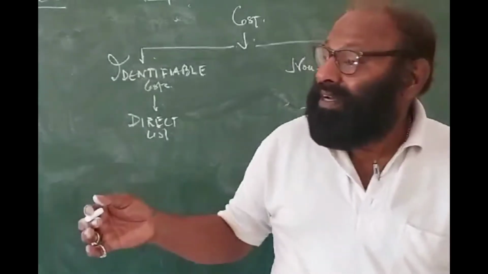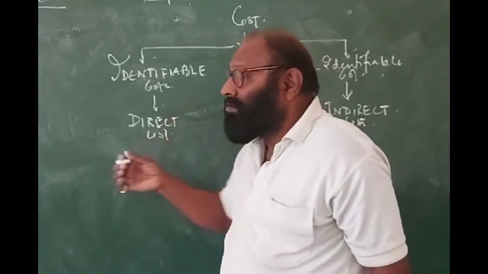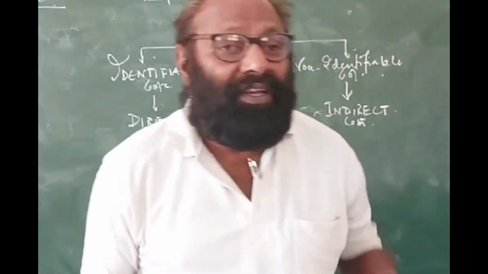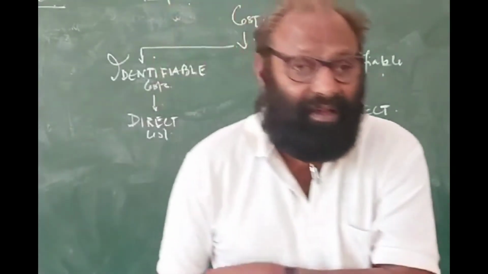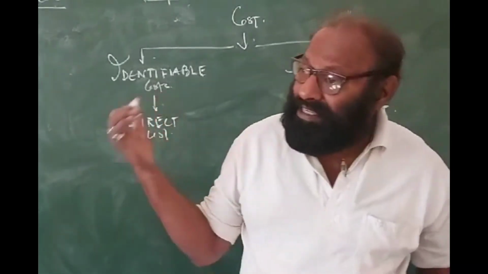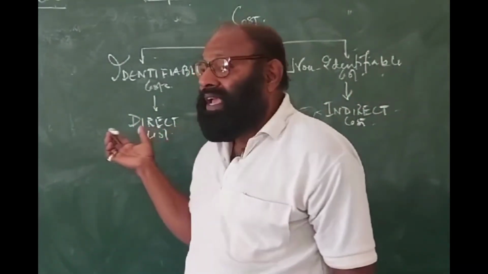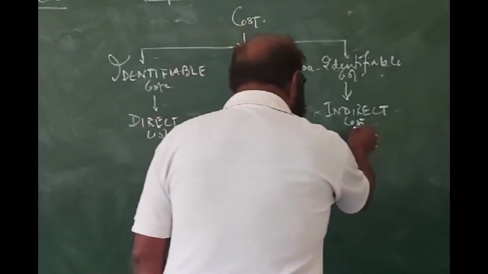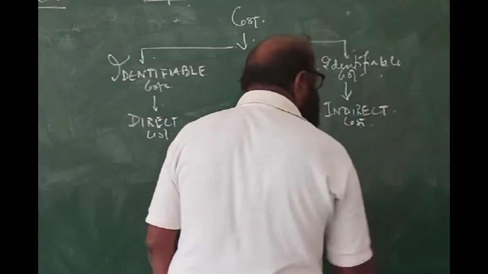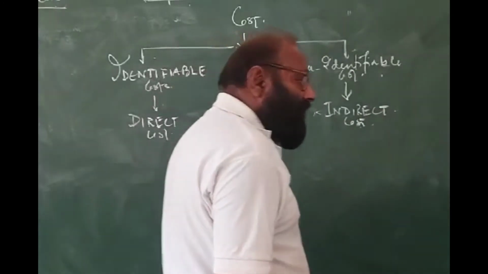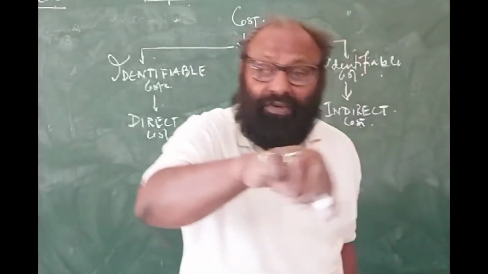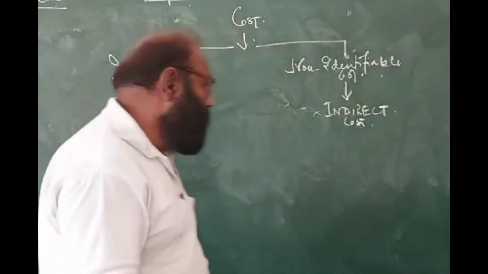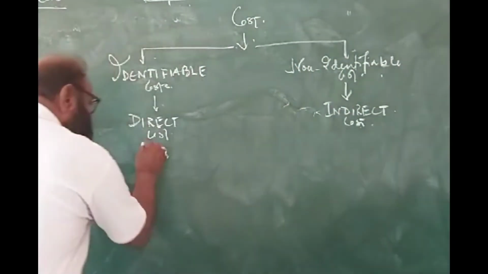But you cannot spell out the cost of the other material needed for the production of an almirah, or the labor charge for that, or the expenses for that. So these are direct and these are indirect. Indirect costs are distributed among the products on some different basis. That is a different issue; right now I am making this one.